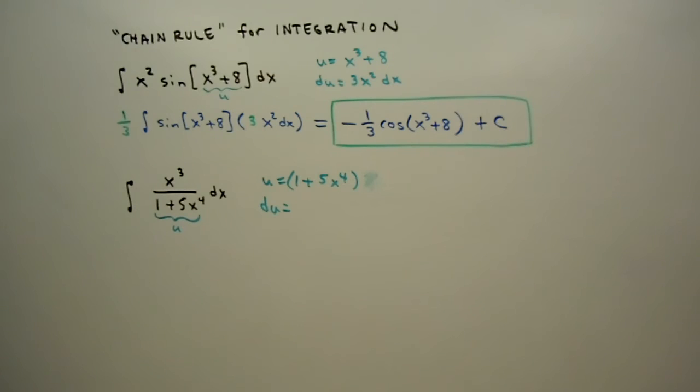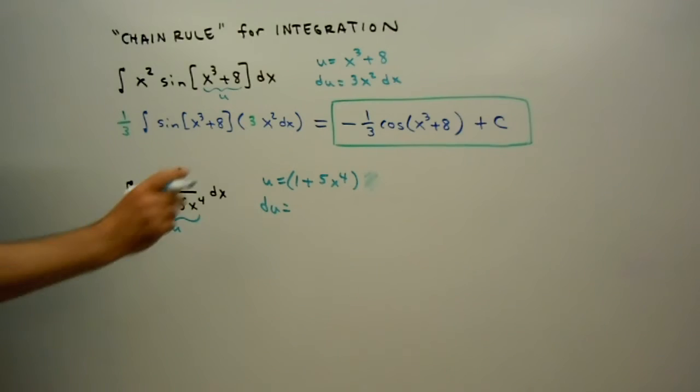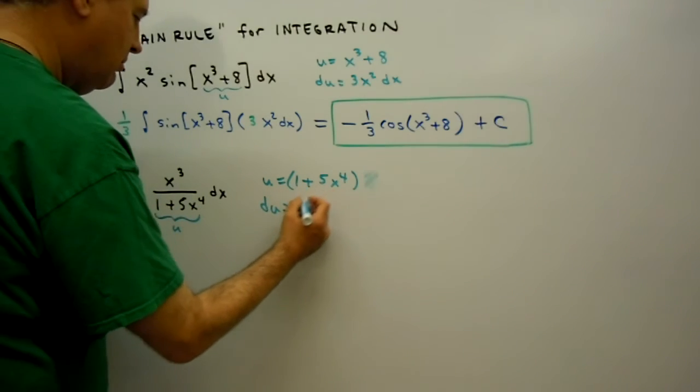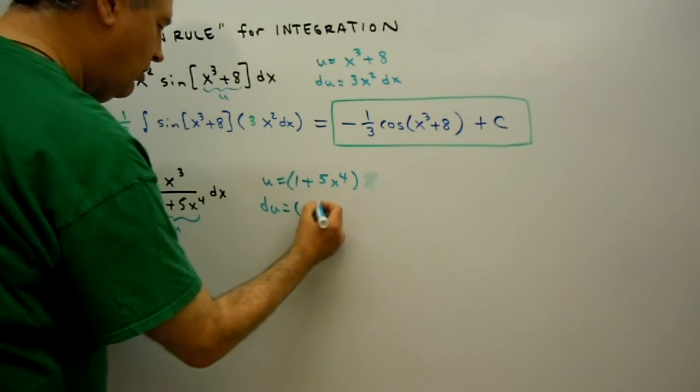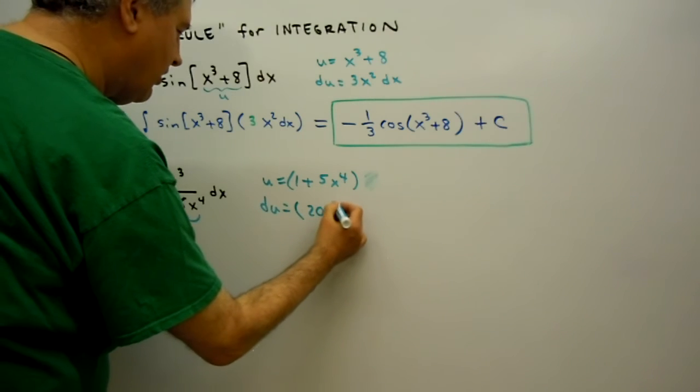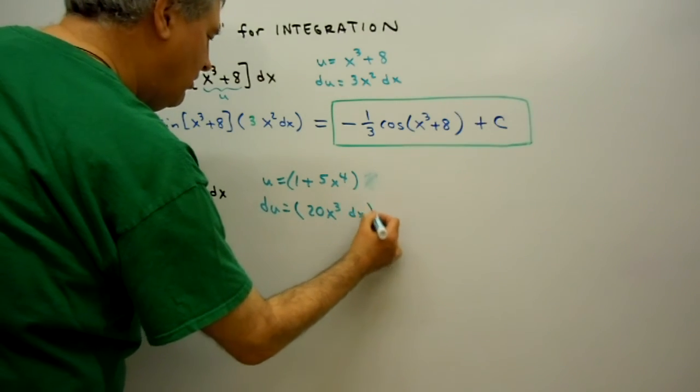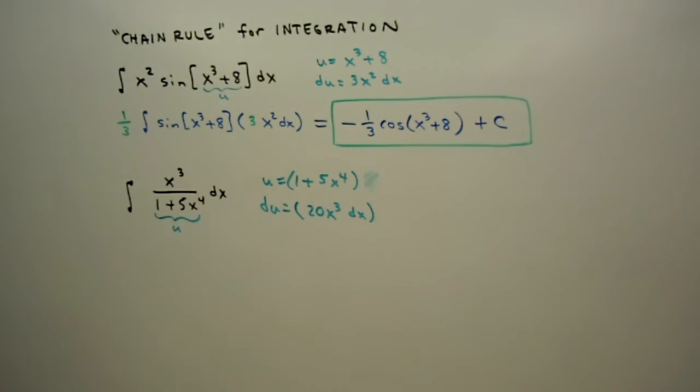And then we want to have the proper derivative of that. So the derivative of that would be, what do we get, 20x to the third dx, that's what we have.